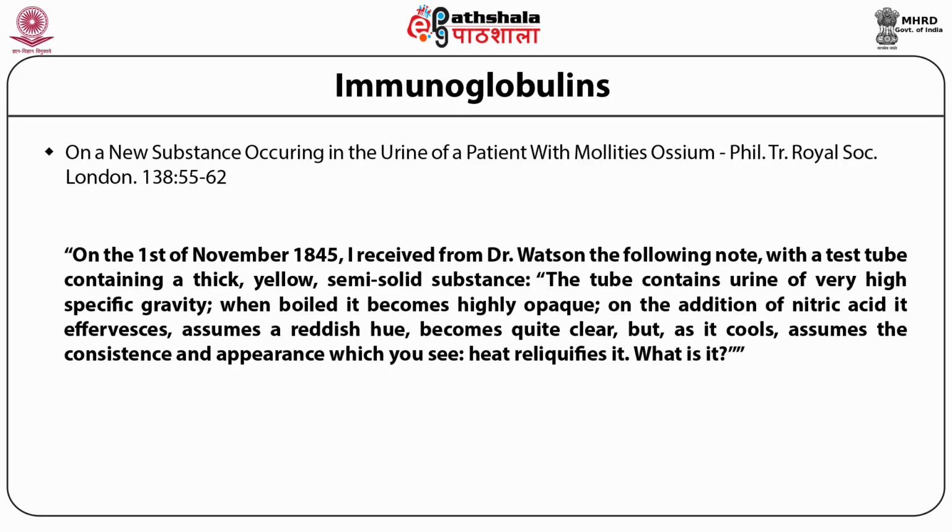The tube contains urine of very high specific gravity. When boiled, it becomes highly opaque. On the addition of nitric acid, it effervesces, assumes a reddish hue, becomes quite clear, but as it cools, assumes the consistency and appearance which you see.